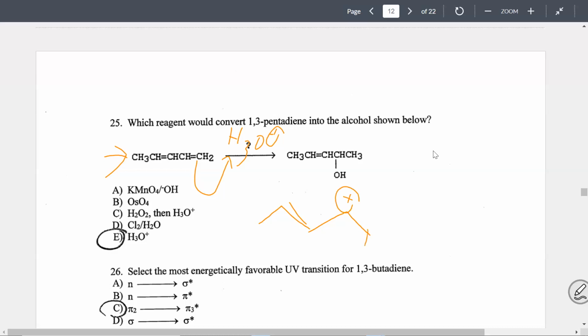Carbocation over here, hydrogen over here. It's Markovnikov's. What kind of carbocation do I have? Is it stable? Yes. Could it be more stable? No. This is the most stable position that we can have. So after that, you just add the remaining OH.